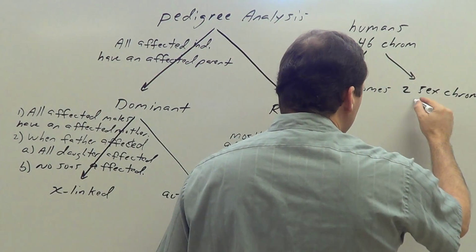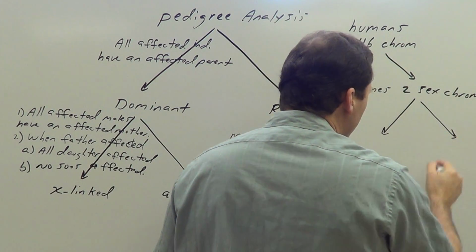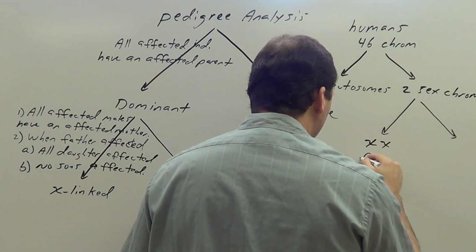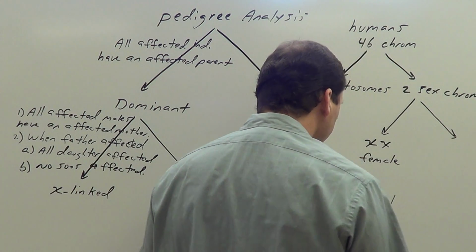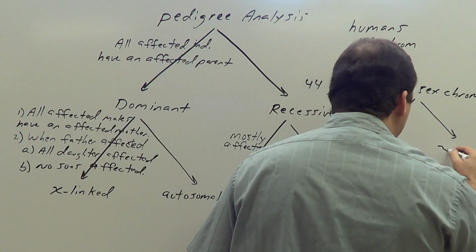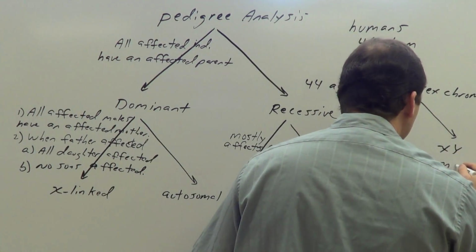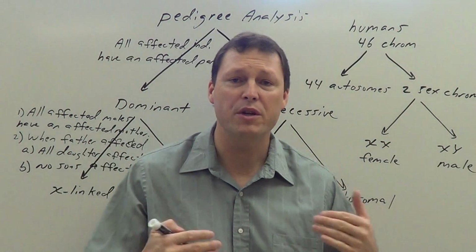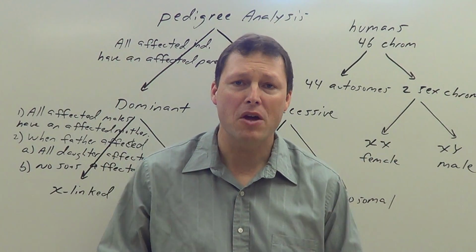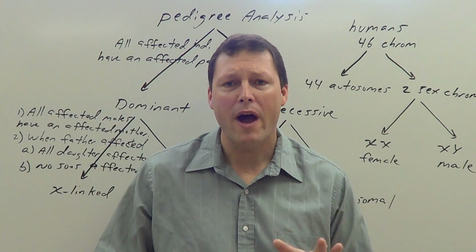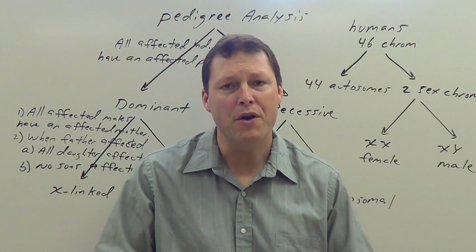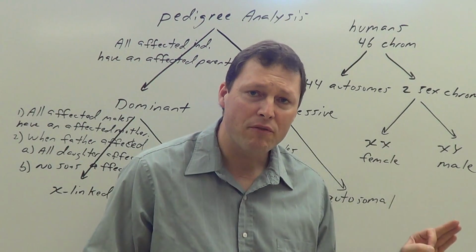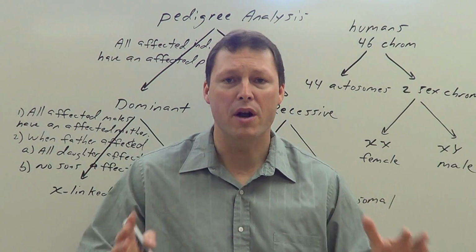Out of these 2 sex chromosomes, we could have 2 different versions. Somebody could have XX, in which case that somebody is a female. If they have XY, then that somebody is a male. The Y chromosome actually carries genes that determine maleness. So if an individual has a Y chromosome, they're a male. I don't care how many X chromosomes that individual has. If they have a Y chromosome, they're going to be a male.